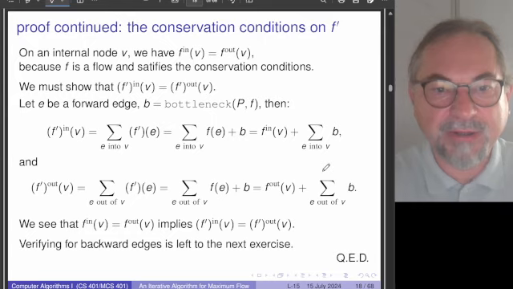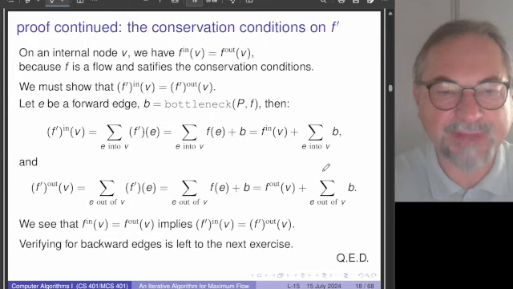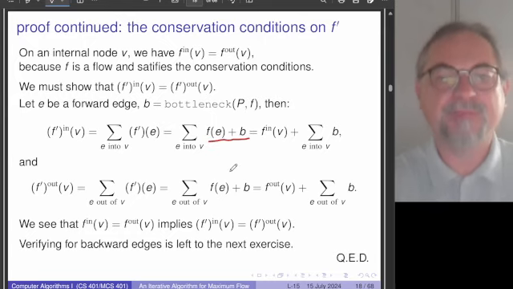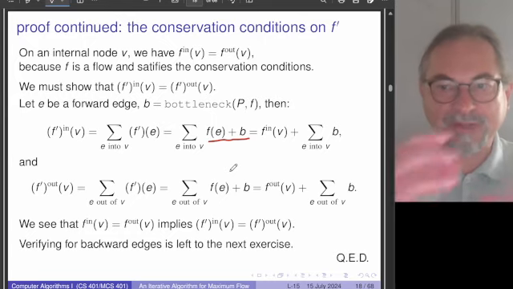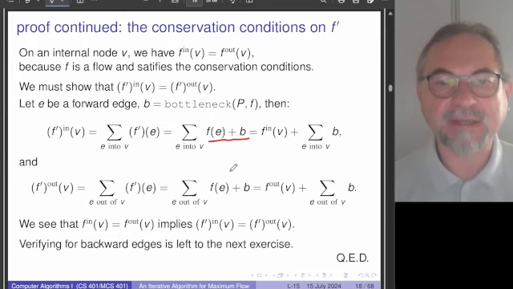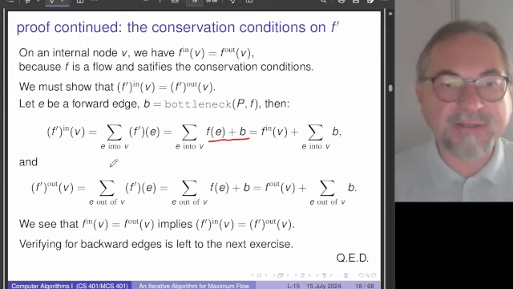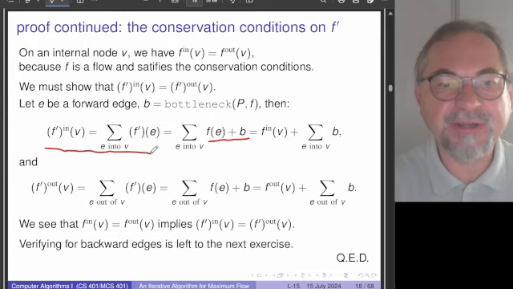When we apply the formula, we have the sum of, so we apply the definition of the new flow. On a forward edge, we add the value of the bottleneck. We recognize in some sense it's the same definition here.